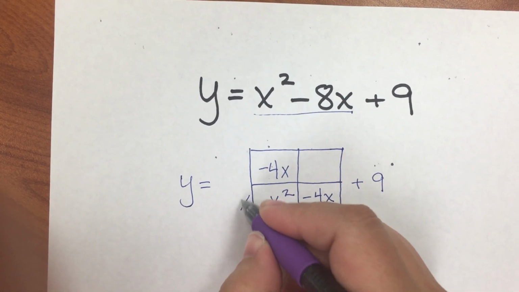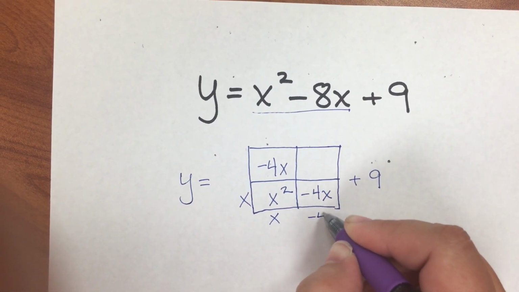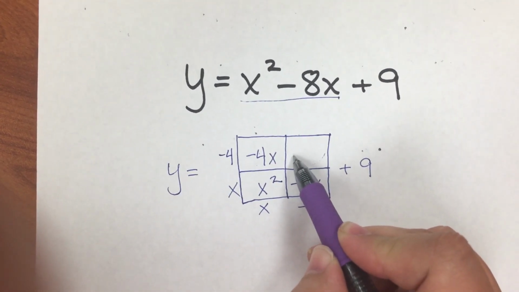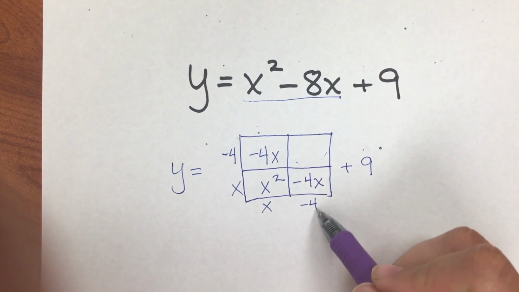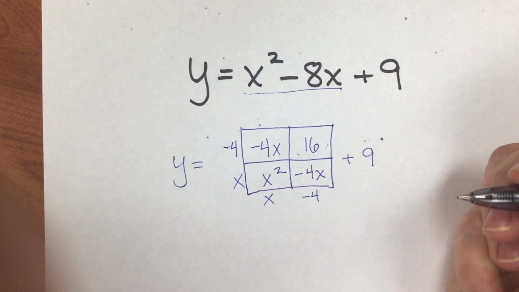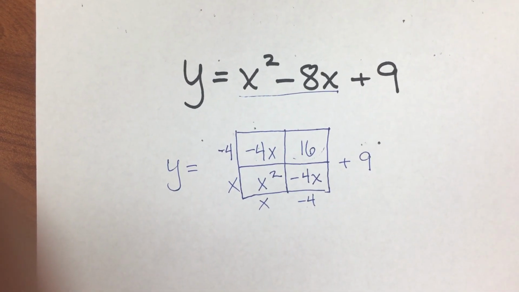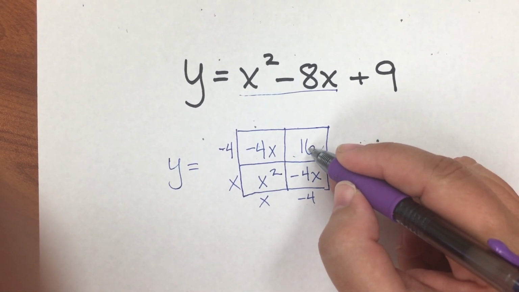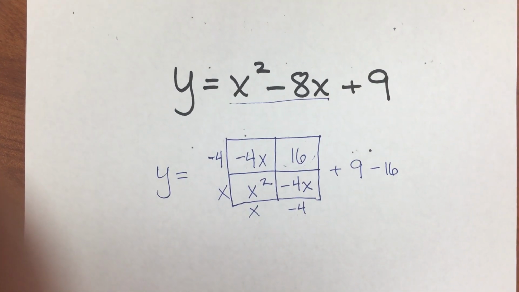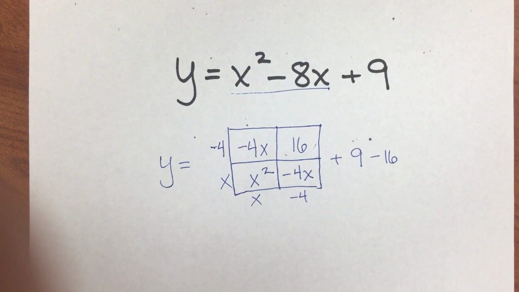Now, if I work the outside here, I've got x and x and negative 4 and negative 4. To fill in this empty space, I would have to do negative 4 times negative 4, which is 16. So I have to add 16 here. But I can't just add 16 to my equation without balancing it. So if I add 16 inside the model, I'm going to subtract 16 on the same side of my equal sign outside my model.